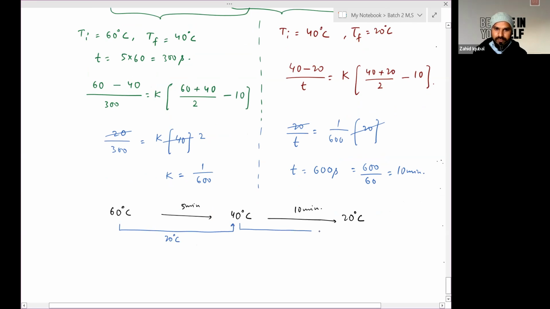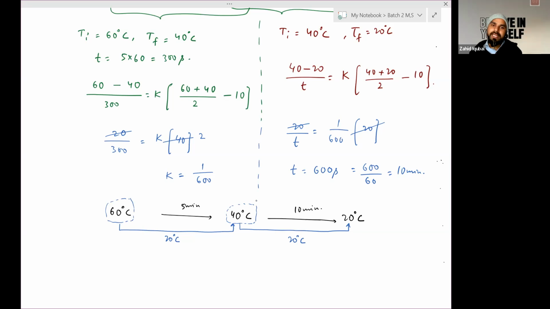On going further from 40 to 20, the temperature difference is again 20 degrees Celsius. But initially, the body was at a higher temperature, 60 degrees Celsius. Later, the body has a lesser temperature, 40 degrees Celsius. So on decreasing temperature, the rate of cooling of an object decreases. So to change the temperature by the same amount, it will take longer time at lower temperature as compared to higher temperature.